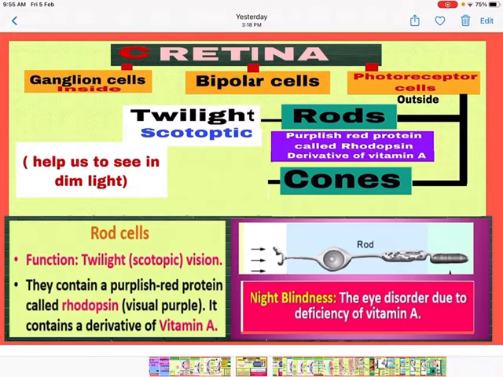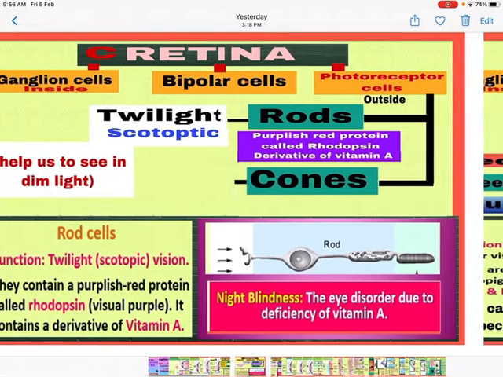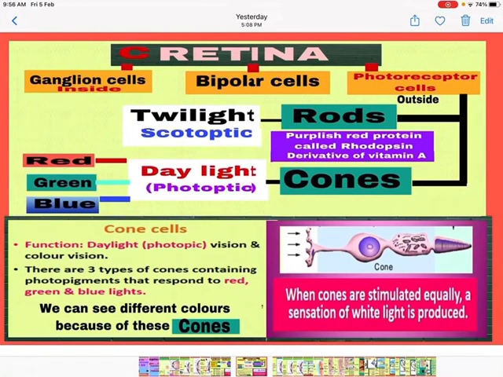Rods have purplish red protein which is called rhodopsin, and it has a derivative of vitamin A. So, if we don't take sufficient vitamin A in our diet, it leads to a disease called night blindness. Here, person is unable to distinguish different shades of dark, or person is unable to see in twilight or in dim light. Next, let us study about cones.